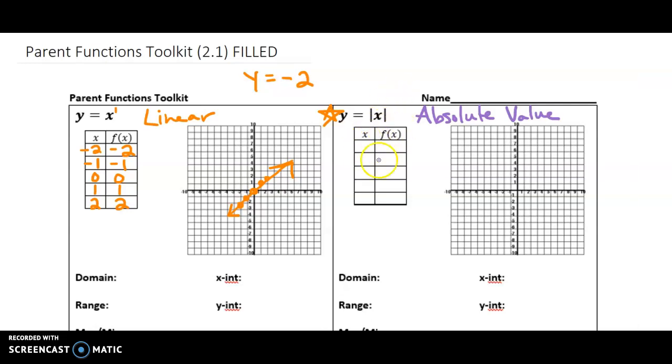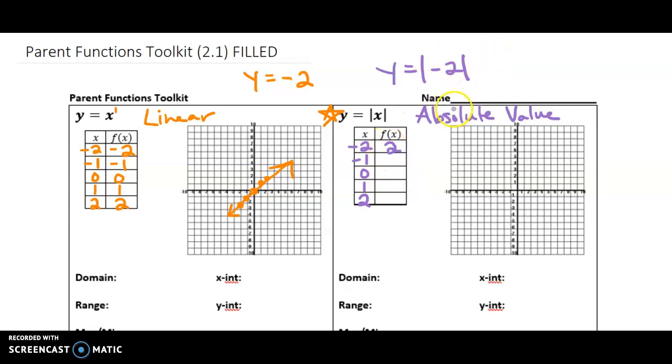Remember that the absolute value represents the distance of a number from 0. And so again, if I'm starting with -2, -1, 0, 1, and 2, when I do the absolute value of -2, so y equals the absolute value of -2, the distance from 0 is 2 units.